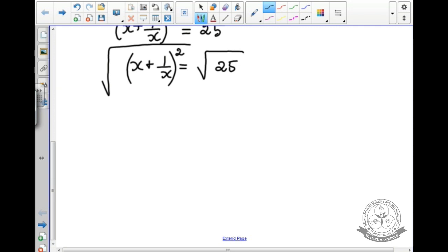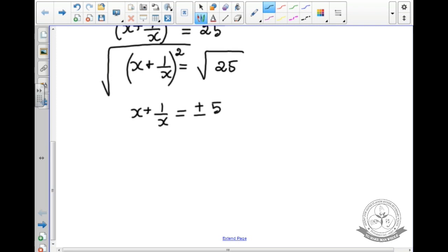So x plus 1 by x is equal to root 25, which is plus or minus 5. So this is the value of x plus 1 by x.